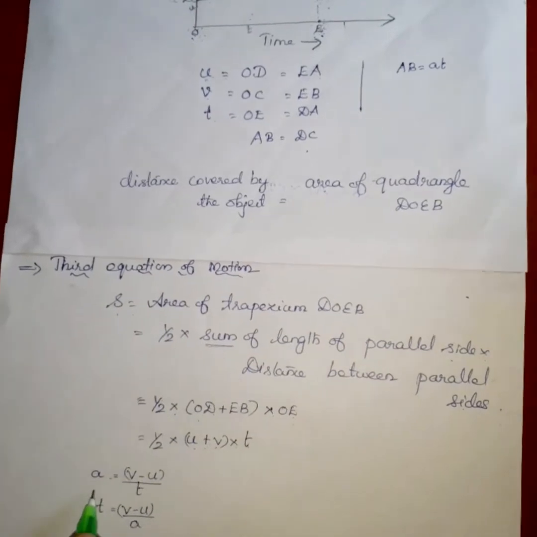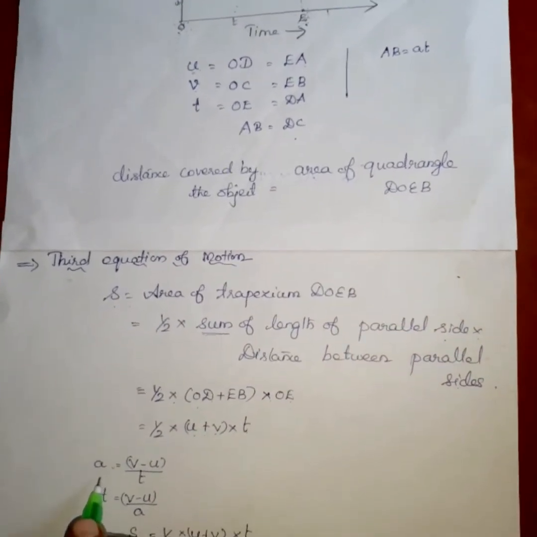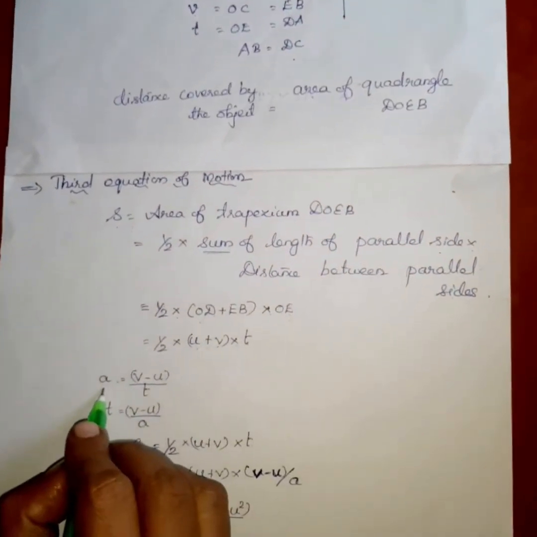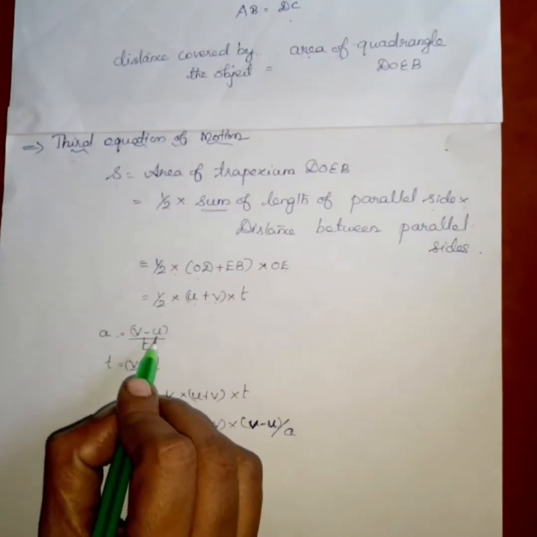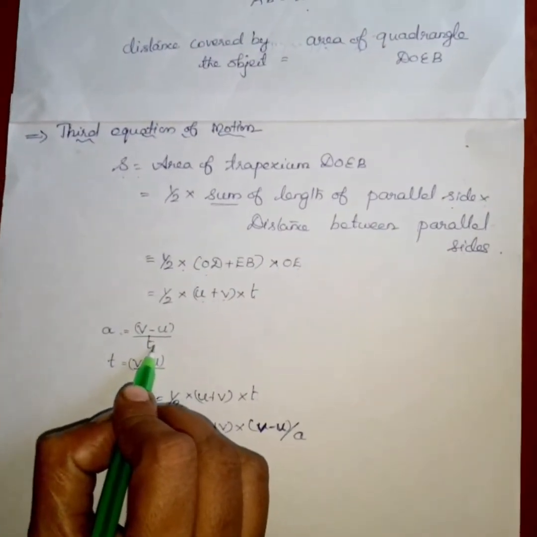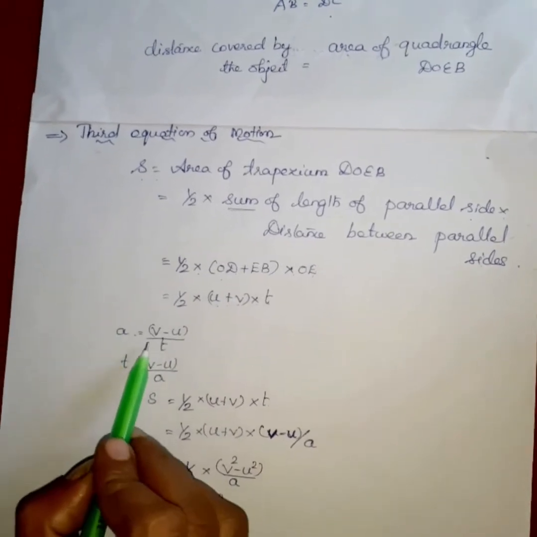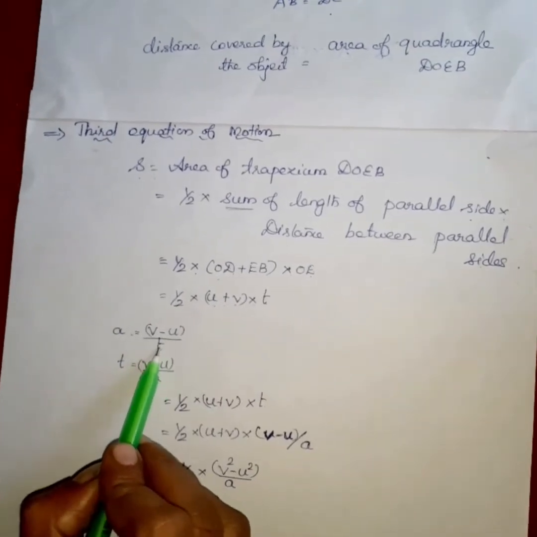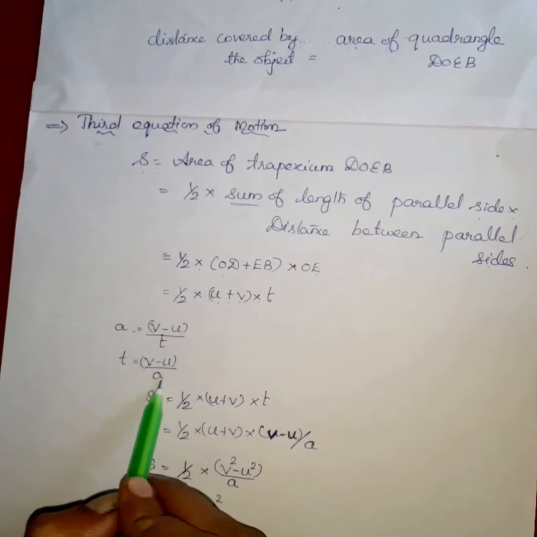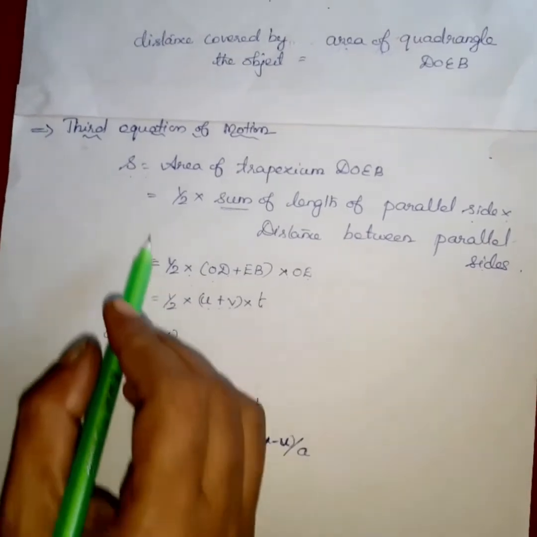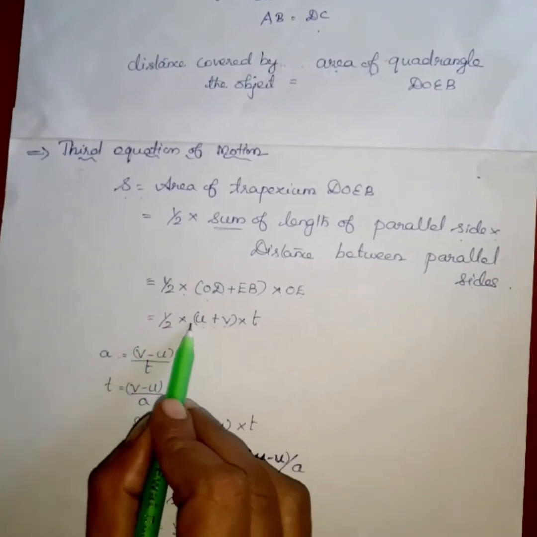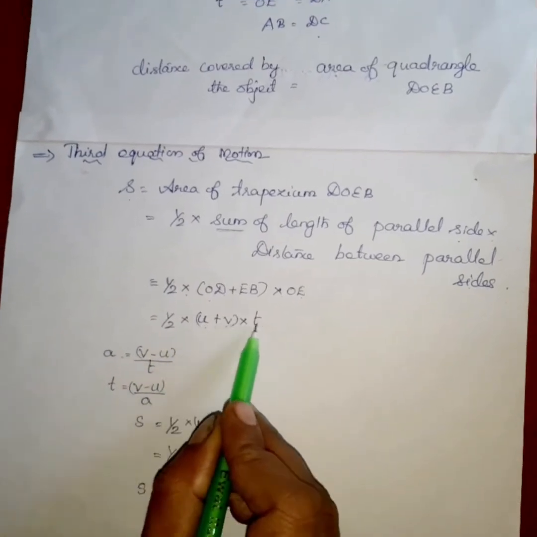Next, what's the formula of acceleration? Acceleration is equal to final velocity minus initial velocity by time. So now find the value of time: t = (v − u)/a. So s = half into (u + v) into t.